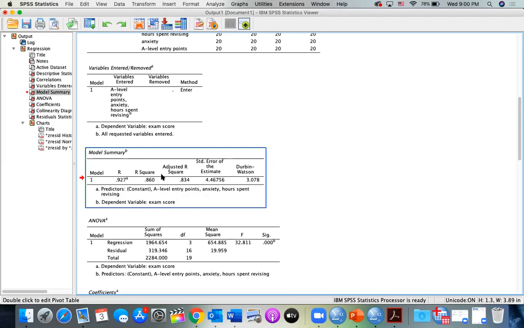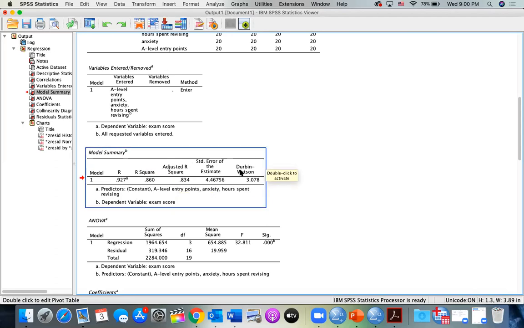So when you have so many predictors, R square could be misleading. So you should definitely report adjusted R square in the same way of reporting R square. So if we rely on adjusted R square here, we should say that 83.4% of the variation in the dependent variable is explained by our model.